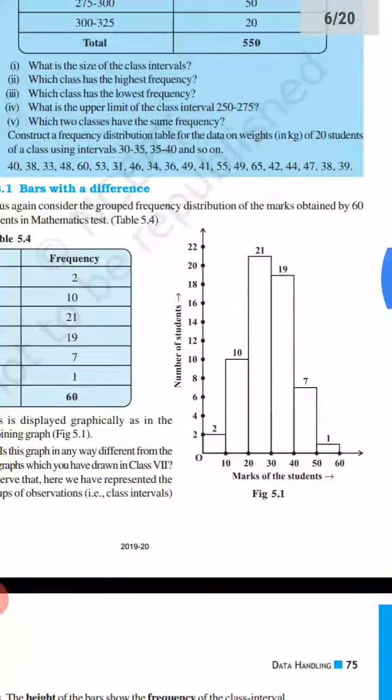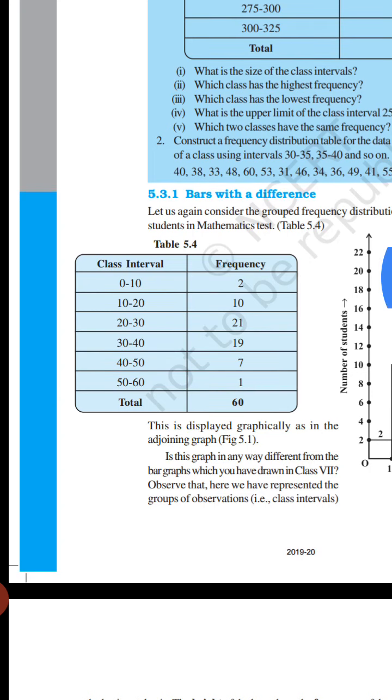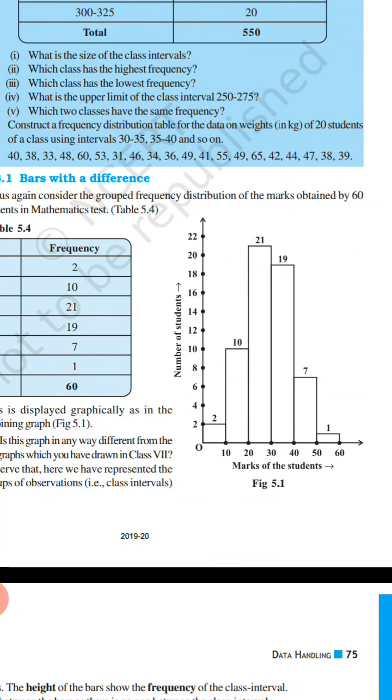Now some bar graph, whatever you see. Suppose these are the marks 0 to 10, 10 to 20, 20 to 30, 21, like this table. So for that you have to draw a graph called a histogram. Now there is a difference between a histogram and a bar graph. First of all, you see 0 to 10, you have got 2 students.